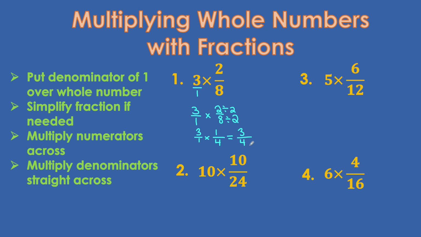That is the short and simple way to do it. If you were to just multiply straight across, you could do that too. You would end up with 6 over 8. Then you just simplify. Find the greatest common factor between 6 and 8, which is 2. Divide top and bottom by 2, and you get 3/4.